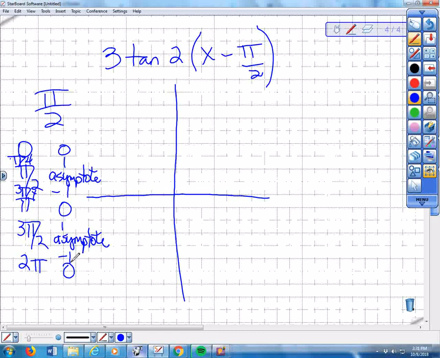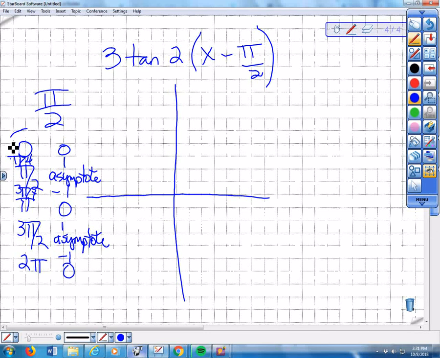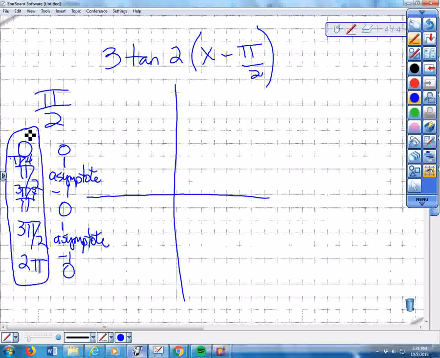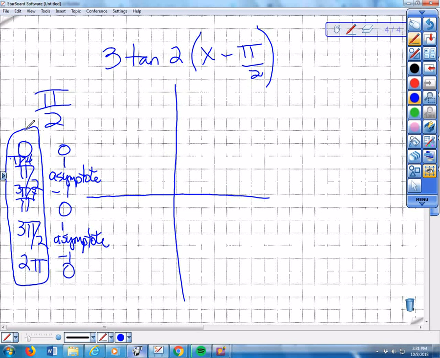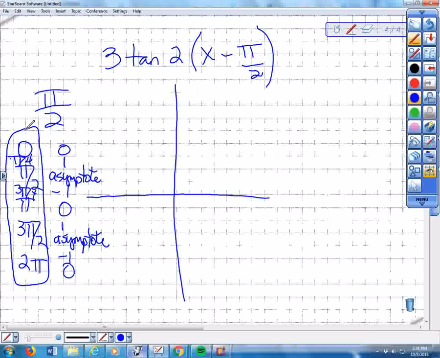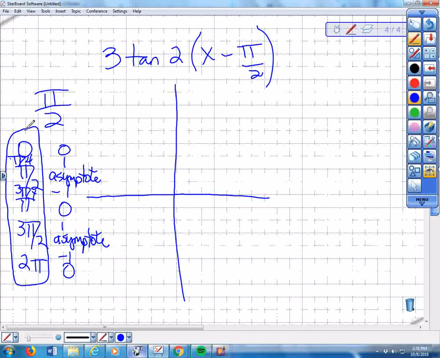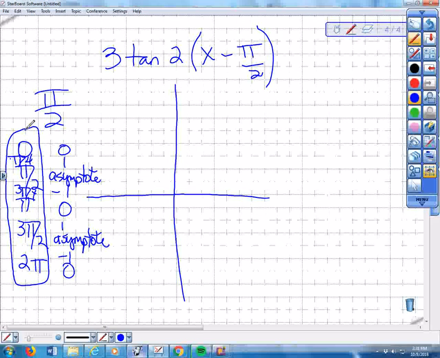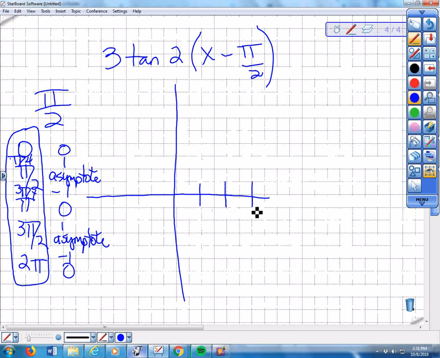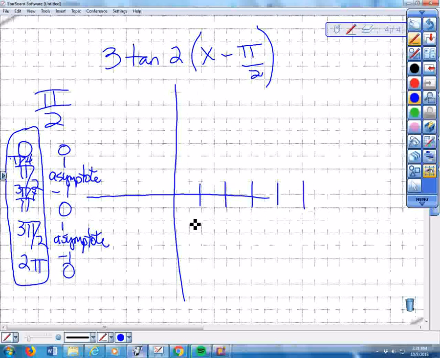Okay, but now from here, these are all going to shift right pi over 2. So my first asymptote is going to happen at pi over 2, pi, 3 pi over 2, and so on.